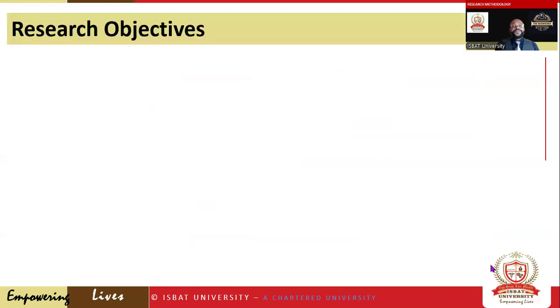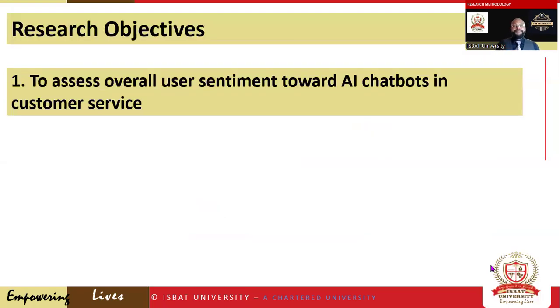So my research objectives: to assess the overall user sentiment towards AI chatbots in customer service. Because my purpose here is not to explain the research, but to show you quickly how we can use these analytics using textual data. So I'm not going to speak much more on that one.